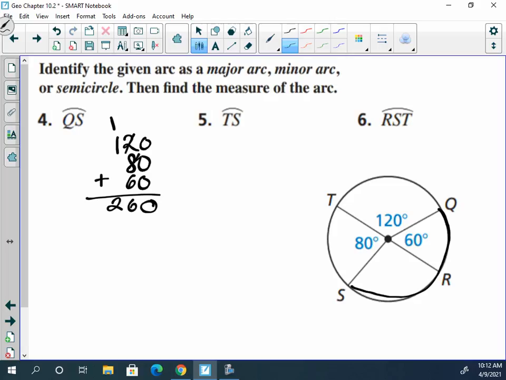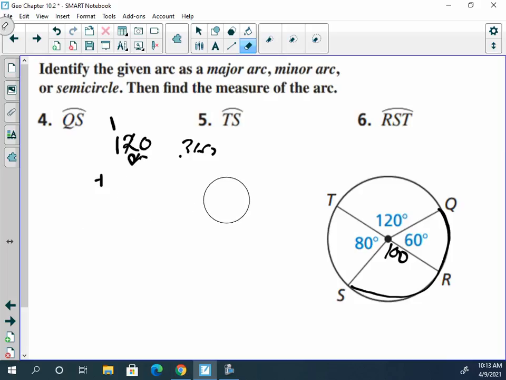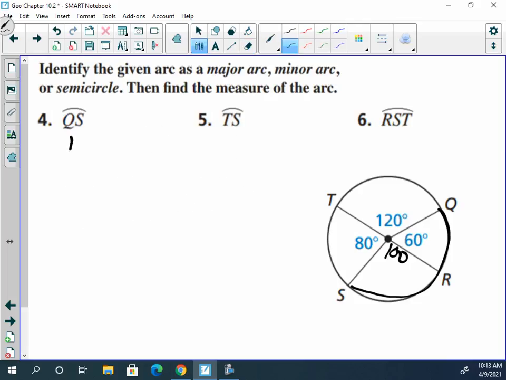And what we can do is we can subtract this from 360, which gives us, so the measure of SR is 100, which helps us because now I can find QS by adding 100 to 60, which gives me what? Yes. Which would give us 160 degrees.